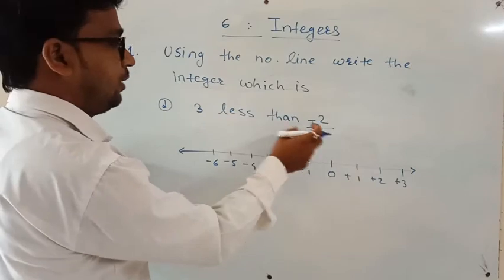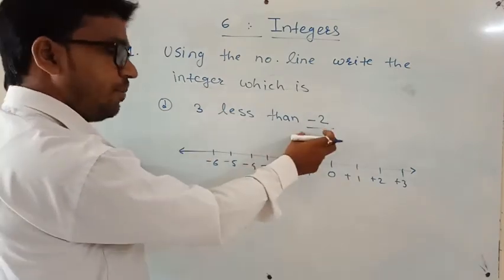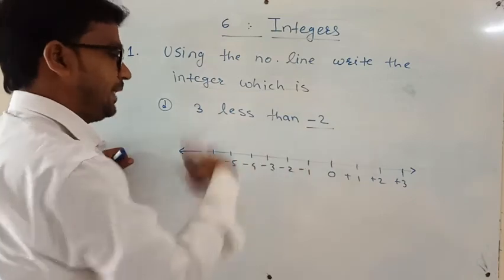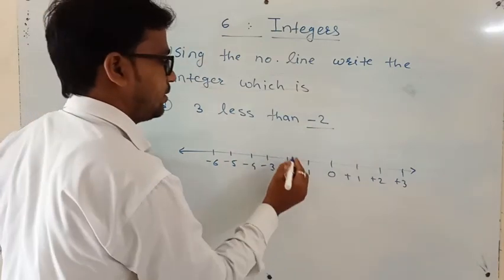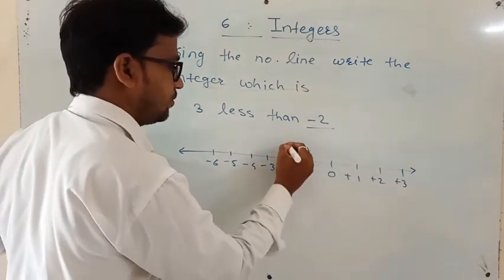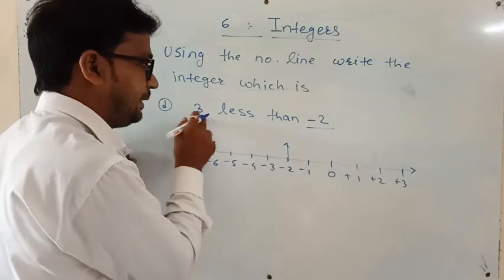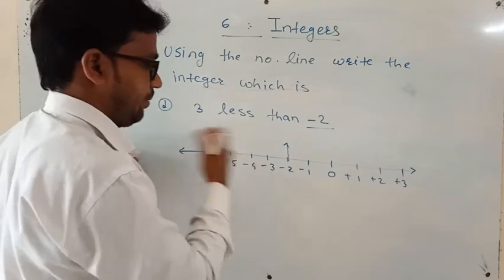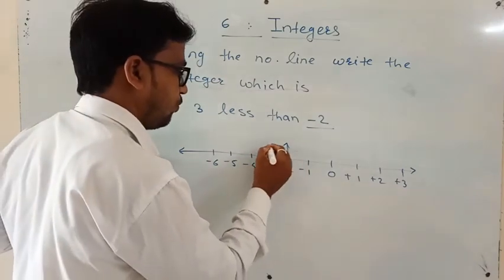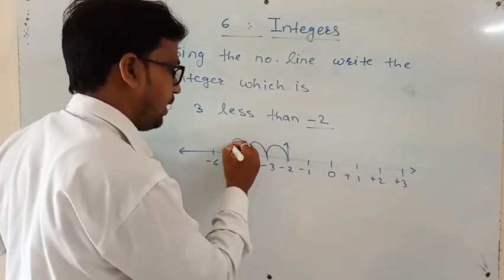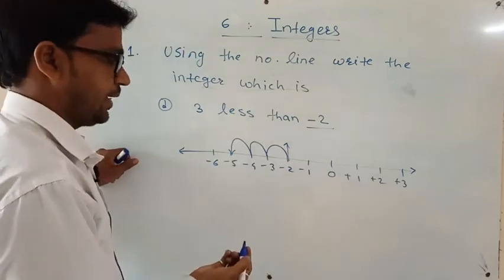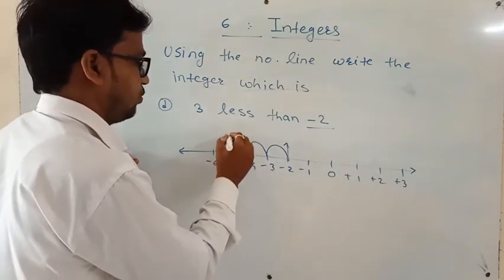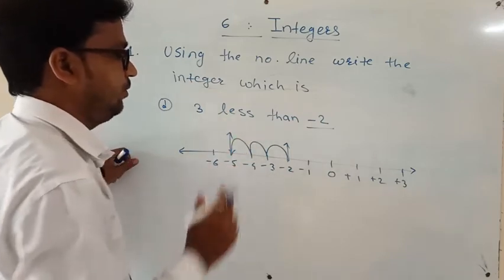We have to subtract 3 from negative 2. So take this negative 2 first, and 3 less means we have to move towards the left side. So 1, 2 and 3 places. 3 places we move to the left. So the answer is negative 5.